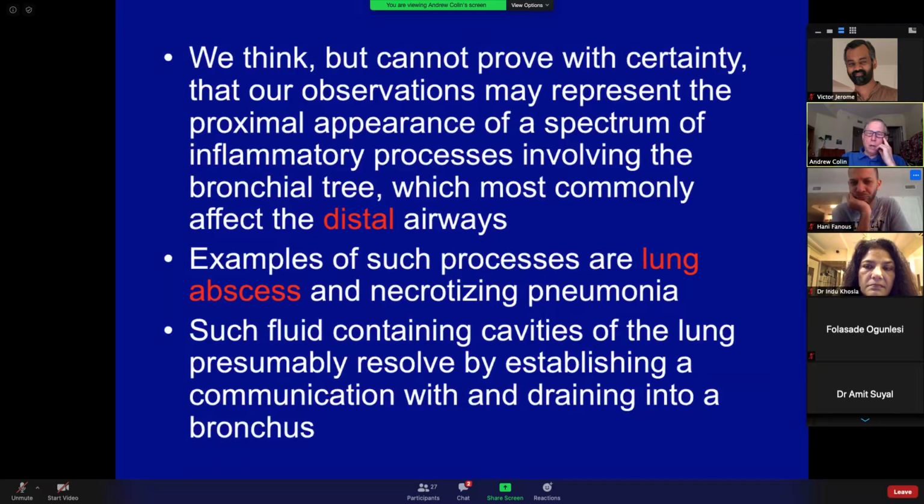So what we did not elaborate on, or we may have, I can't remember, is that when a diagnosis of abscess is made, what you see typically is an air fluid level. That air fluid level can be explained by two potential mechanisms. One is that bacterial activity produces gas.